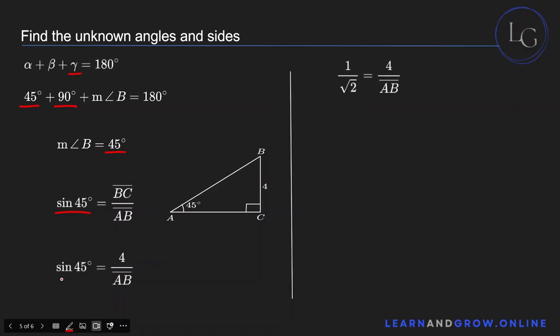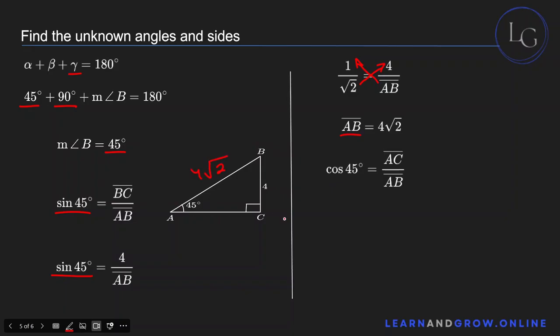Now we know from the table that sine 45 is 1 over under root 2, right? You can refer to the table back. And now you can find AB, which is equal to 4 into under root 2. Just cross multiply AB over here, under root 2 into 4.